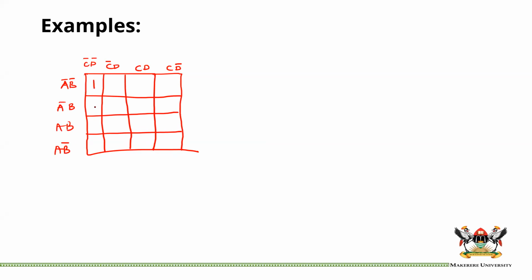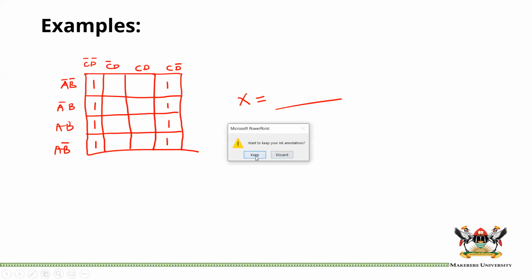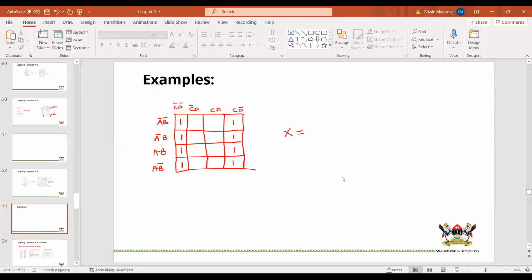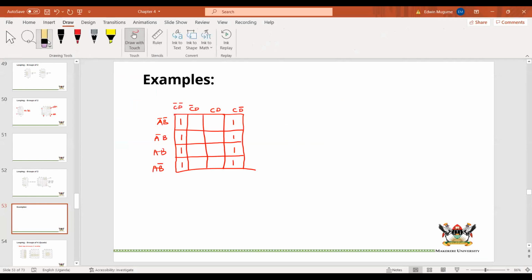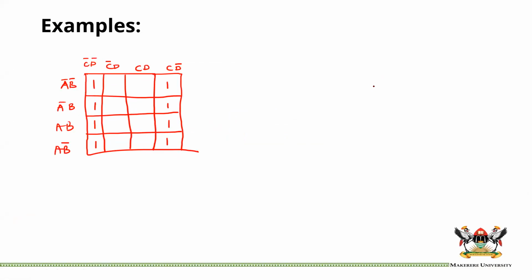Okay, so I have a one, a one, a one, a one, a one, a one, a one, a one. What is my X? Let me give another one here.